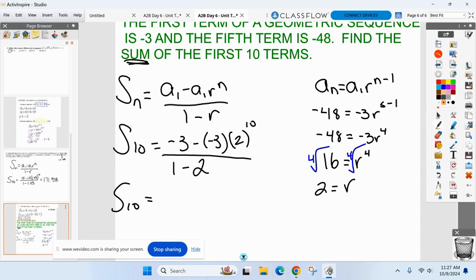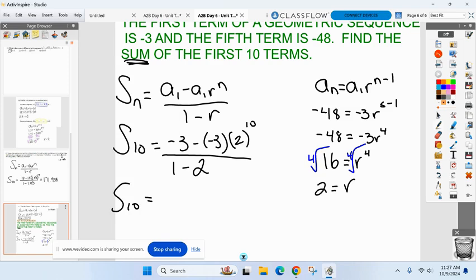Where do we end up for this one? -3,069. That's what I got. I typed mine in piece by piece. 1,539? How is it positive? You're adding negatives. I got 3,075.